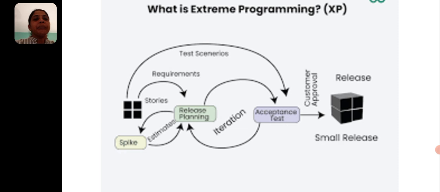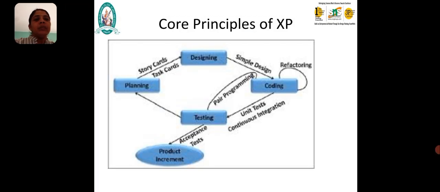Next, this is the core principle diagram of XP planning. As I said, it is related to the traditional methodology: planning, designing, coding, testing, and product increment, that is delivery. Planning means story cards and task cards should be there. It is like requirement gathering only.